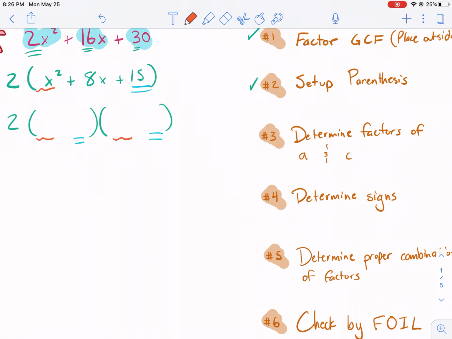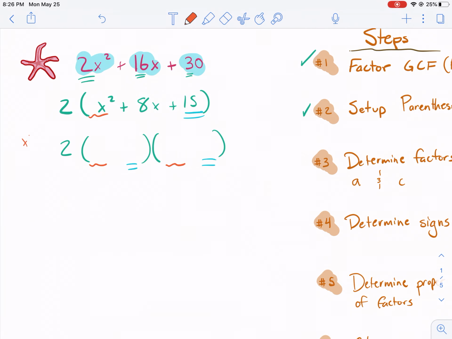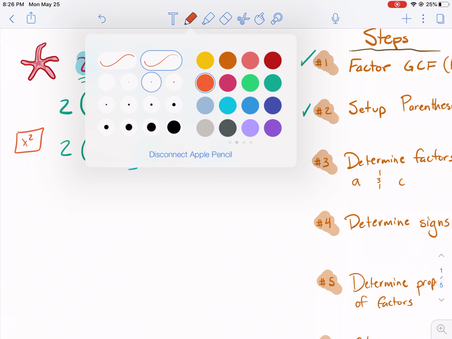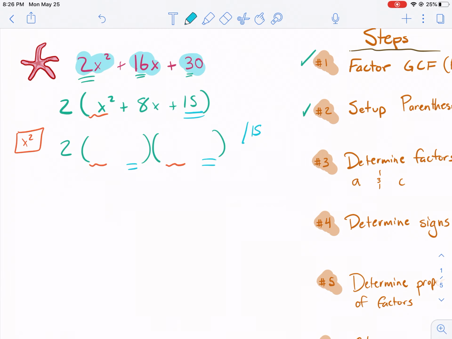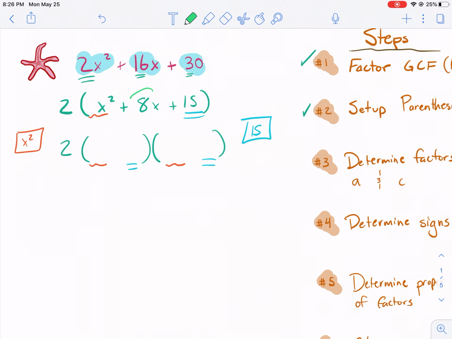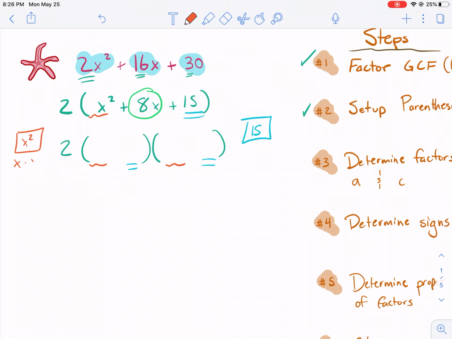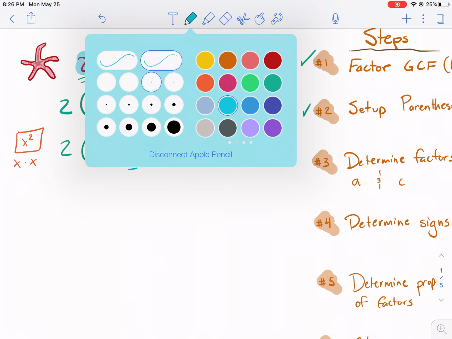This is kind of like the previous set of notes. We talked about this already. Now we are going to look for factors of x squared and factors of 15, and their sum needs to give us the middle term, 8x. x squared is pretty easy. There's only one combination: x and x gives us x squared. For 15, there's a couple.